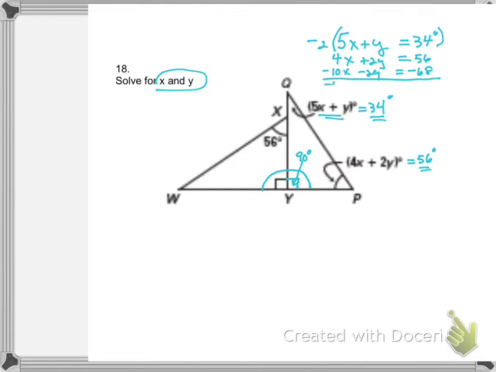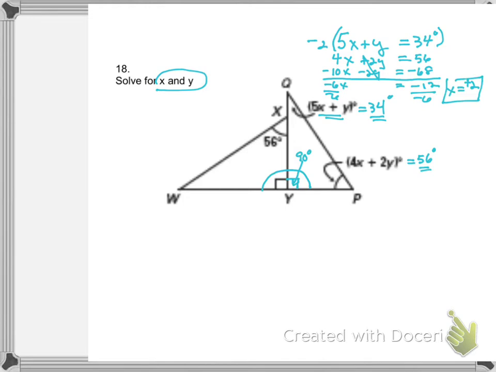You get negative 6x, those cancel, thus elimination, and then this is going to be negative 12. Okay, so are you comfortable, hopefully, with how I got the negative 12? Divide both sides by the negative 6, and you're going to get that x equals positive 2. So x is positive 2.